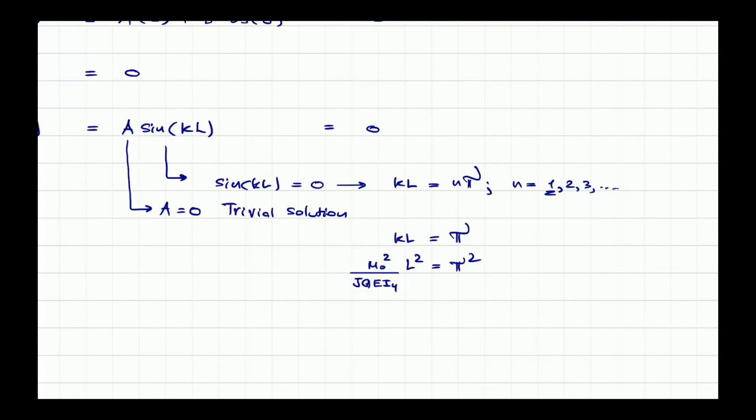We end up with the m naught equals to pi over L, and then the square root of EIy jg.